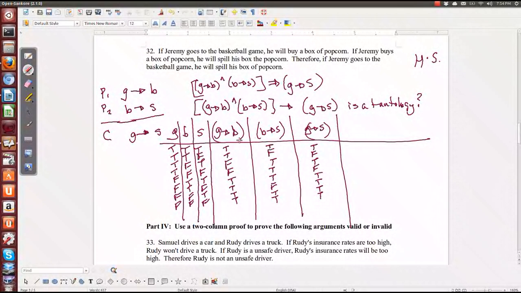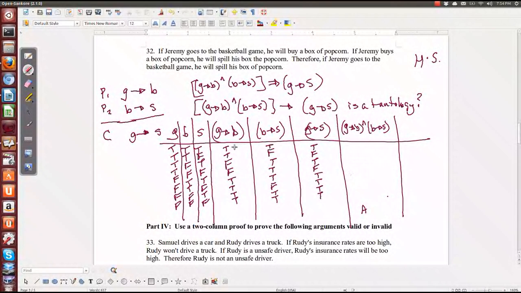And I want to take the conjunction of these because my antecedent is the conjunction of G conditional B and B conditional S. And a conjunction is a statement that is only true if two given statements are true.